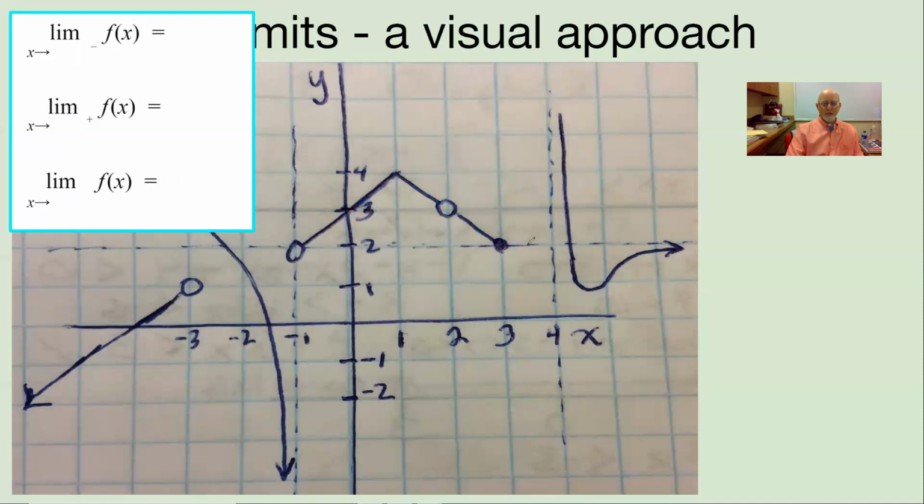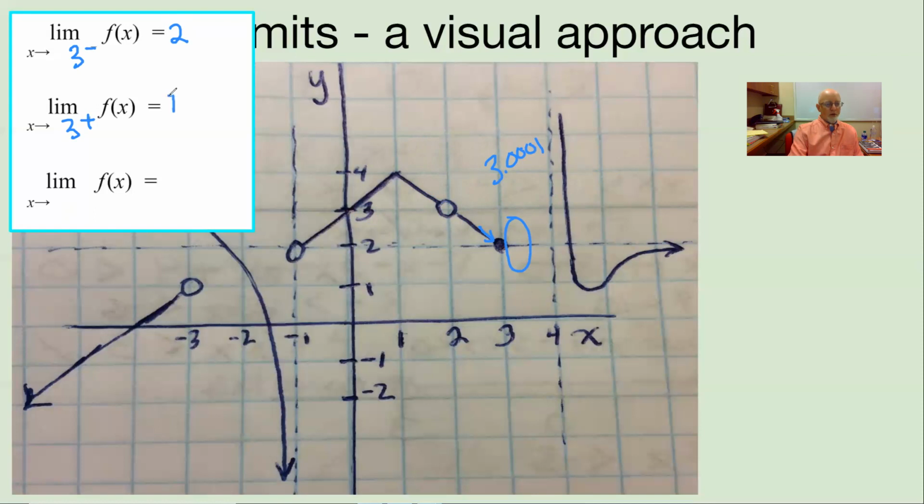All right, let's look at another number. Let's look at 3. As x approaches 3 from the left, we are getting closer and closer to a y value of 2. As x approaches 3 from the right, that's over here. Well, even though f of 3 equals 2, just to the other side of 3 at 3.0001, there is no value.